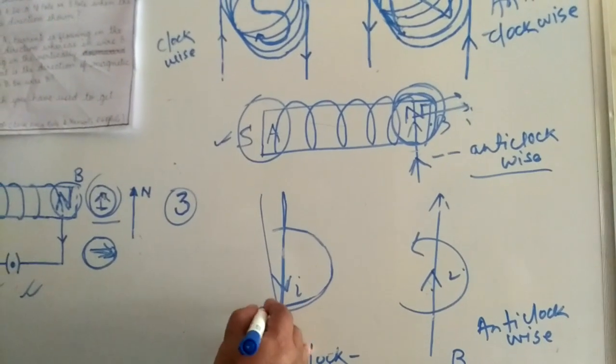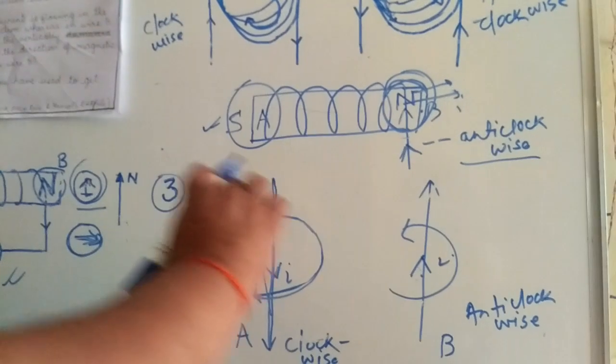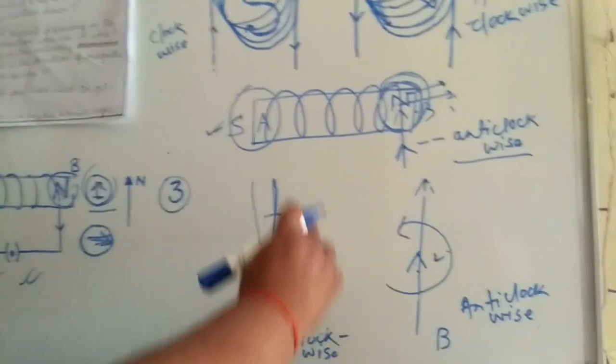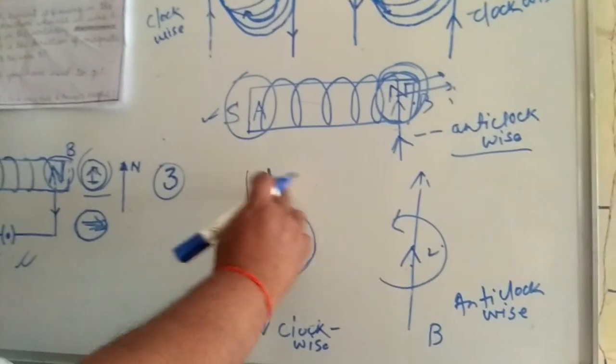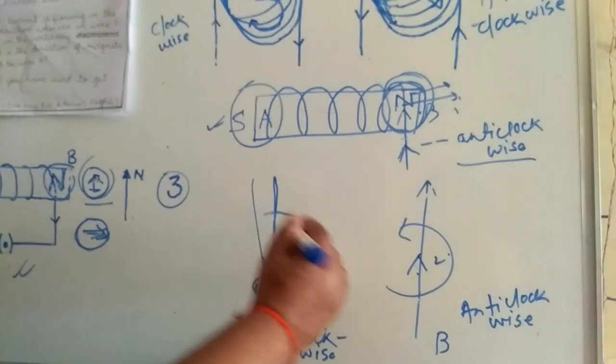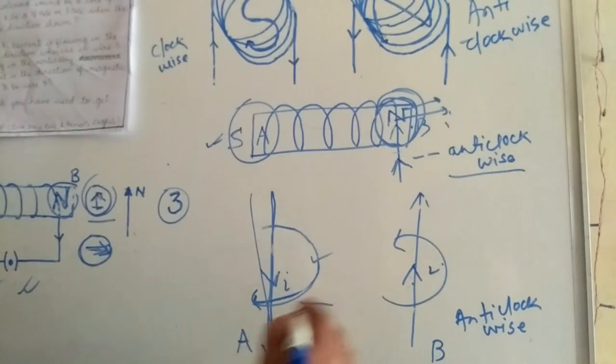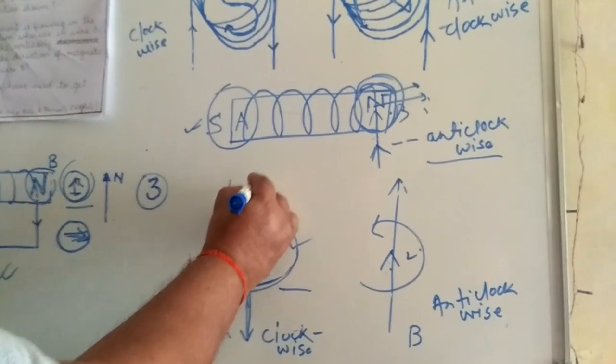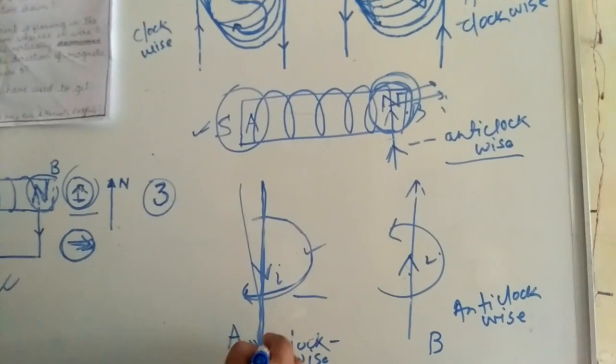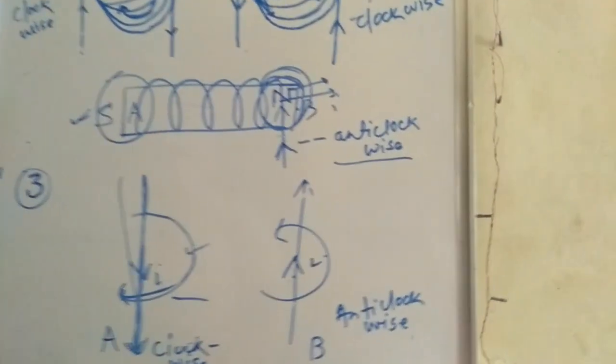So the clockwise direction is the direction of the magnetic field when the thumb is downwards.